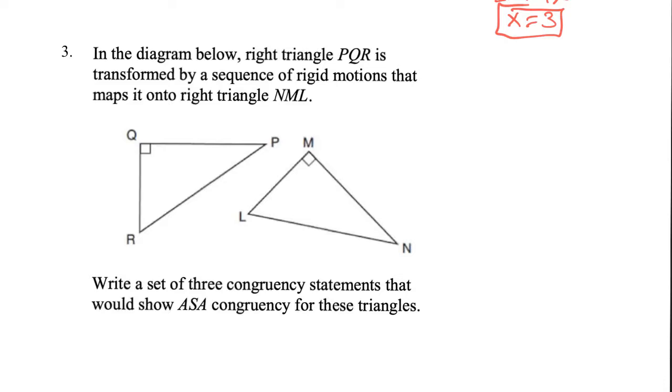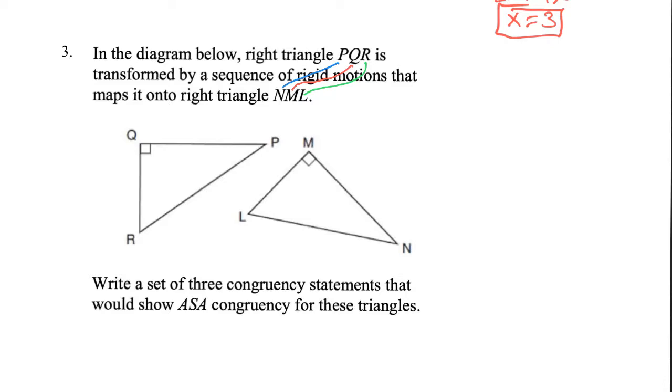We know that it was a sequence of rigid motions, and rigid motions preserve angle measure as well as side length. So all we need to do is determine which sides and angles correspond. P corresponds to N, Q corresponds to M, and R corresponds to L.